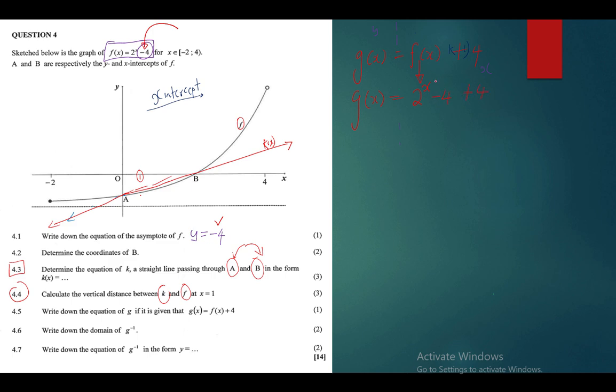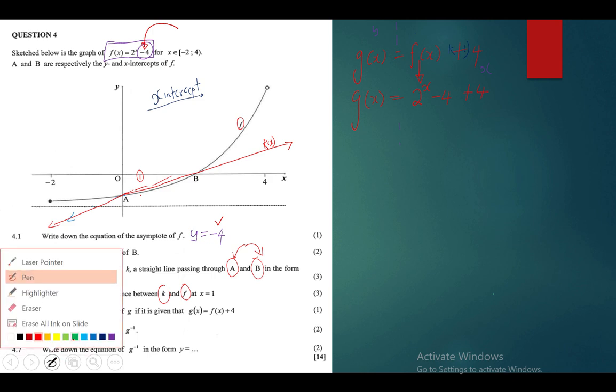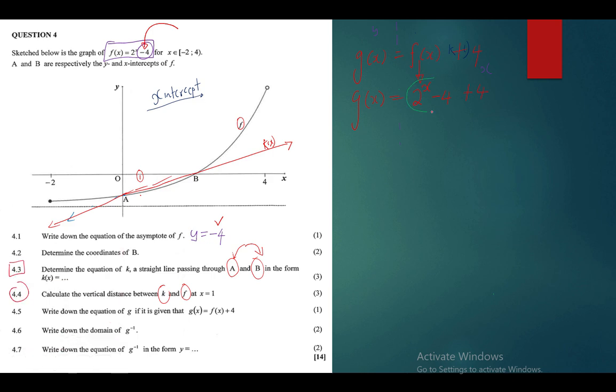This 2 to the exponent x minus 4, guys, is your function f. Where did I get the function f of x? Here it is. Therefore, your g of x becomes 2 to the exponent x. This is the answer for 4.5. g of x is 2 to the exponent x.